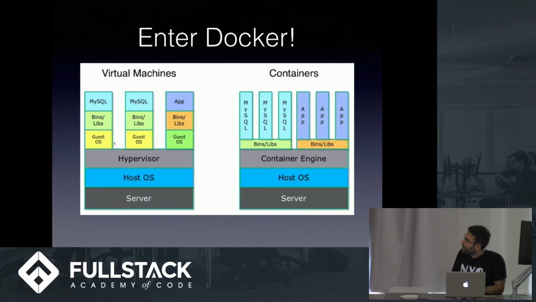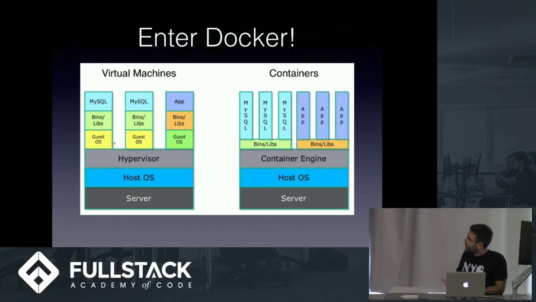So as you can see from this graph, on the left we have virtual machines, and we need to have a host operating system and then a guest operating system for each one of those instances. And if you had to run 2 MySQL instances, you would need to install MySQL for each one of those instances as well.